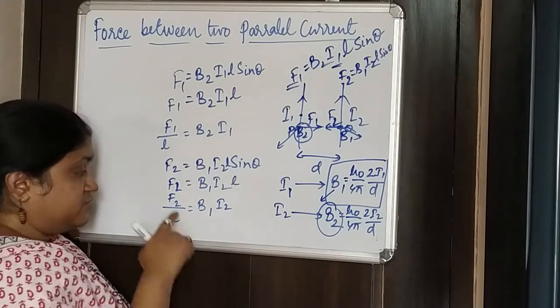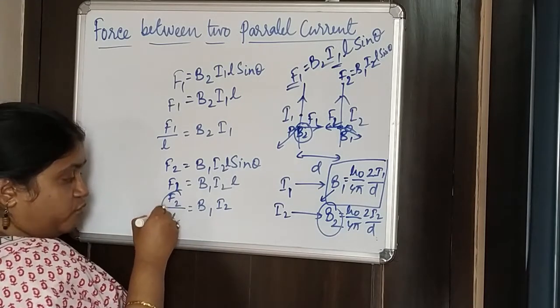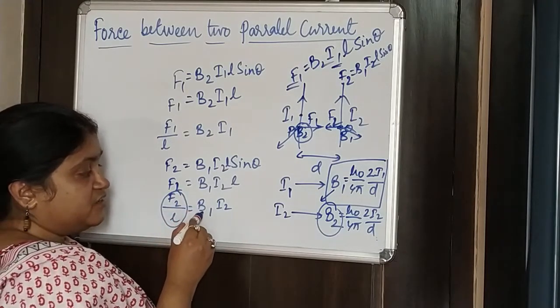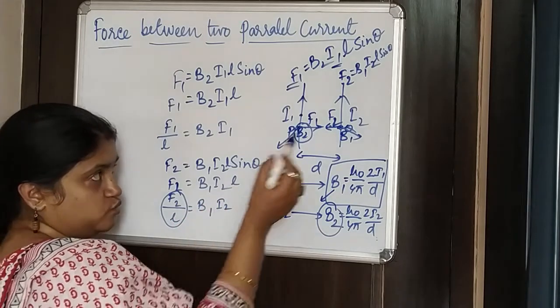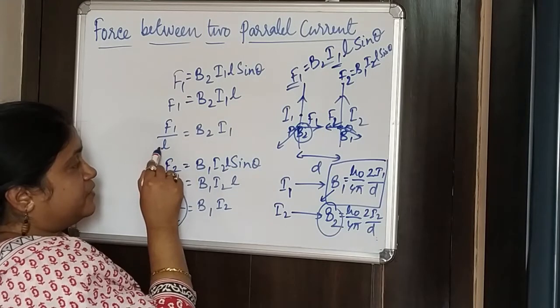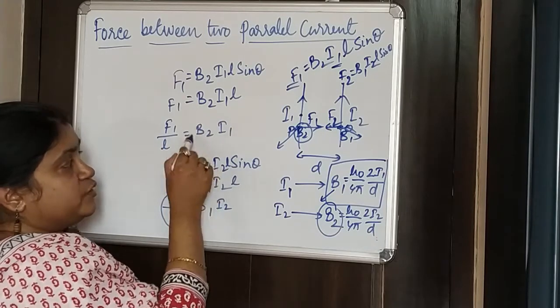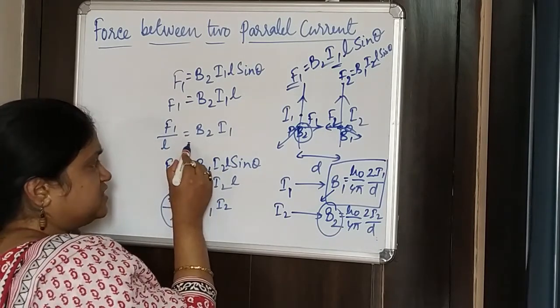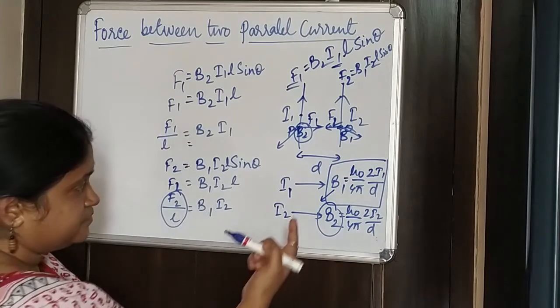Now you observe that this force per unit length is B1 I2, and the other force per unit length is B2 I1. Just substitute these.